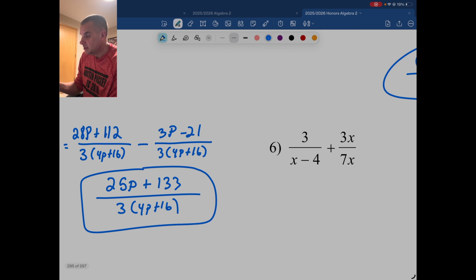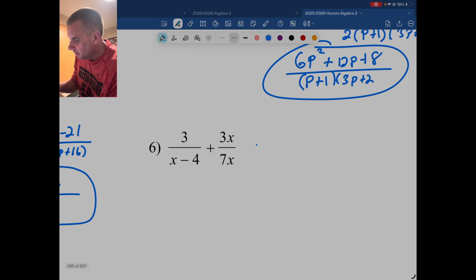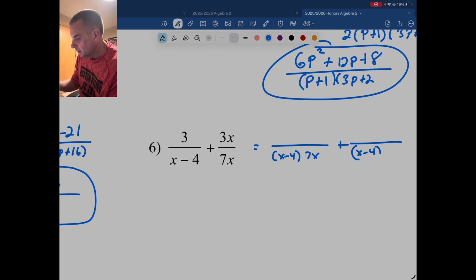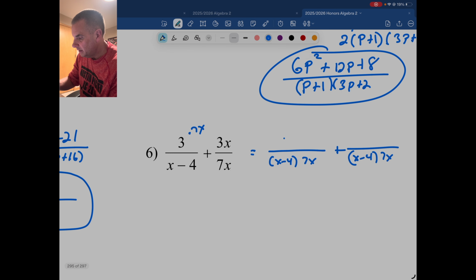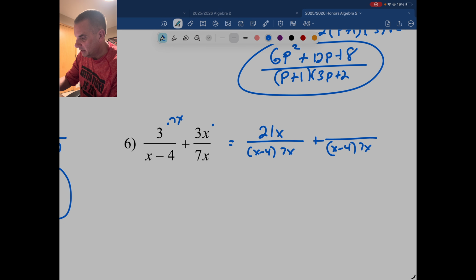Number 6. Common denominator, x minus 4 and 7x. I'll multiply this one by 7x. That's 21 x's. I'll multiply this by x minus 4.